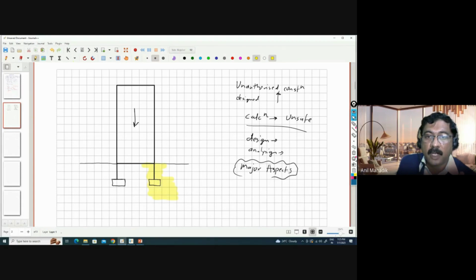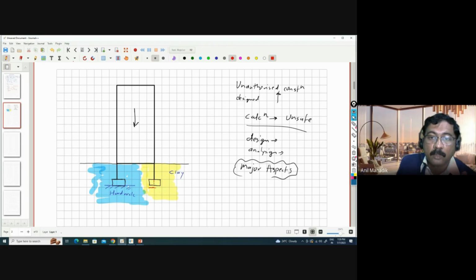Underground, you know that there is a difference in the strata condition, and let's say this blue color is a hard strata. So this left side footing is resting on the hard strata. It may be a hard rock. And let's say this is very clay soil, soft soil. That means there is a possibility that there is more settlement than this, which we call differential settlement.